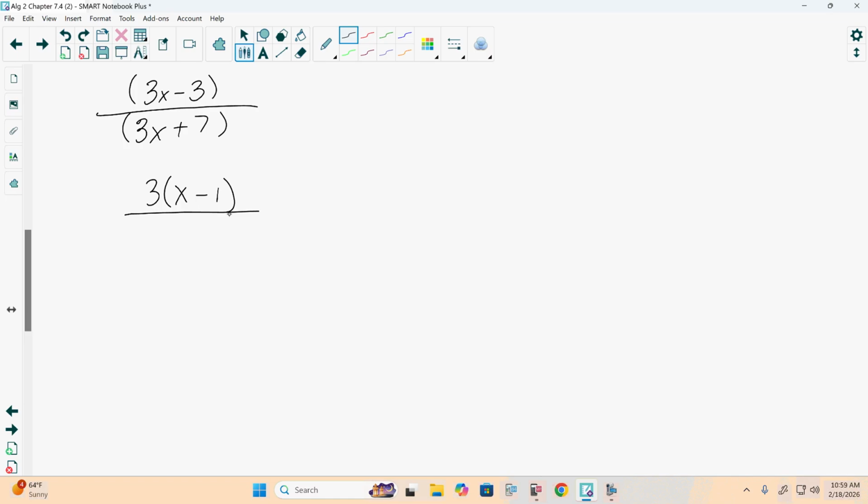So that does factor out. 3x plus 7, 3 and 7 don't have a common factor between them. They both don't have a variable, so it stays 3x plus 7. Questions on this here?